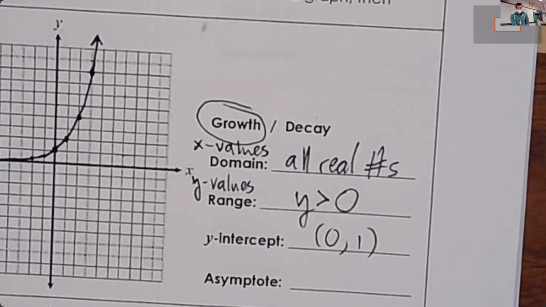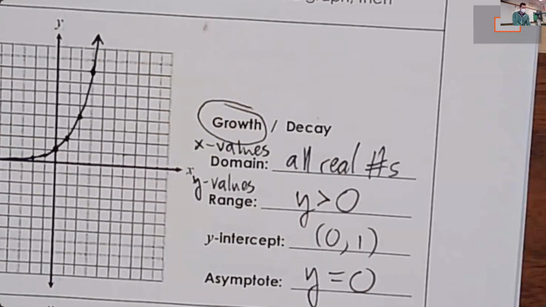And then the asymptote is essentially equal to the smallest value for y. So the asymptote is at y equals 0.